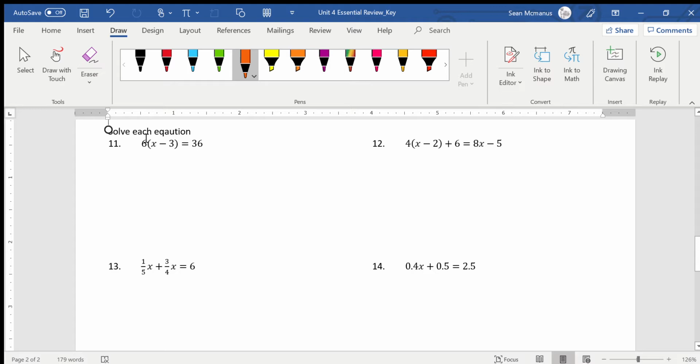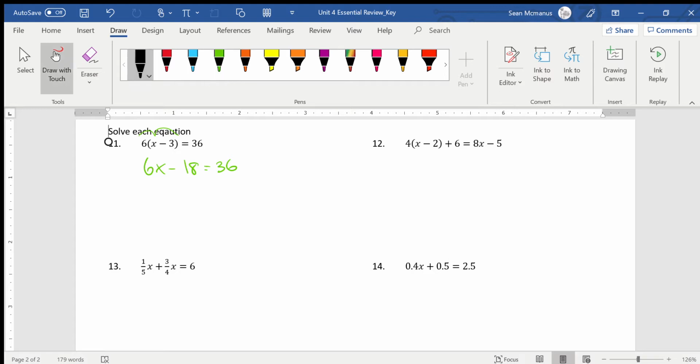One of the things we looked at was we could distribute. So we're going to end up with 6x minus 18 equals 36. We just multiplied our 6 through all the way.